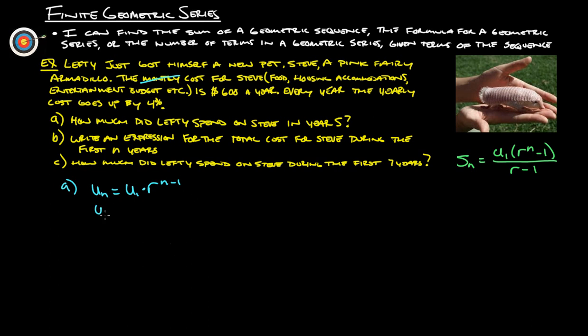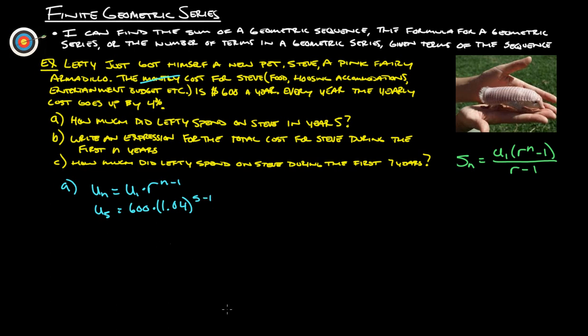So u sub n, or in this case, we're going to do 5. The first term was 600. The rate is going up by 4%, so that's 100%, because you're still going to spend the $600 plus 4% each year, so that's 1.04. And then the nth term is going to be 5 minus 1.